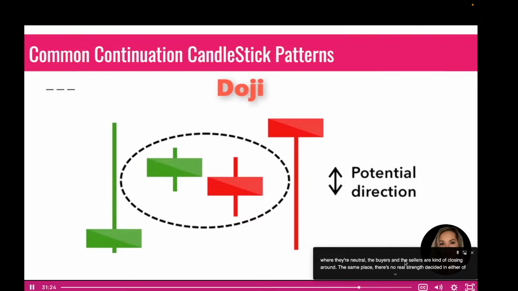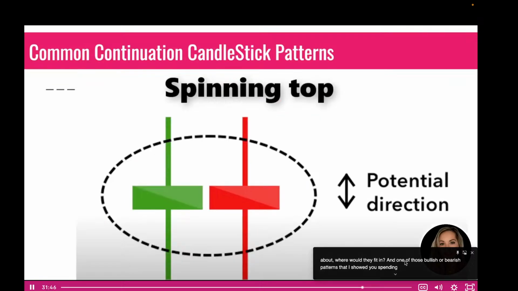So you wouldn't really care about those. If those printed, you could look to continue trading in the same direction if a doji prints like that. If one of the dojis on the outer circle print, you would look at those as a potential issue, and you would want to think about where they would fit in one of those bullish or bearish patterns that I showed you.